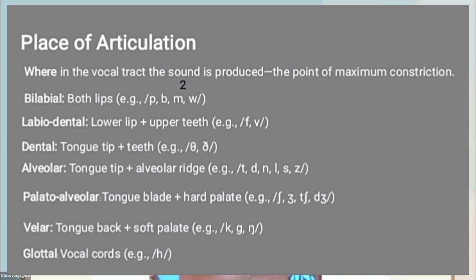So wherever the articulators meet at the point of producing a particular sound becomes its place of articulation. You can see the bilabial sounds here, b, the labiodental, v, the dental, th, the alveolar, t, d, the palatal alveolar, sh, j, the velar, k, g, the glottal.